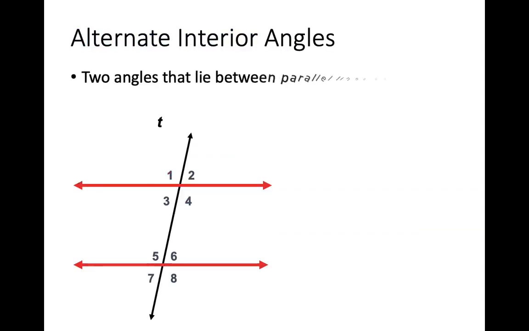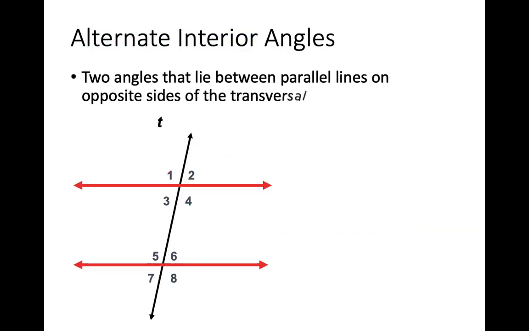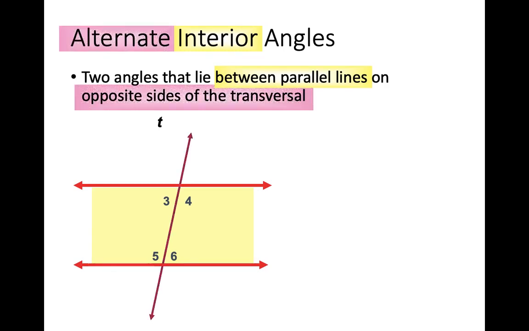All right, the next one, this is in your notes. Alternate interior angles. Okay, there's a lot of these names, and don't get freaked out by it, okay? So the first thing is it says it's interior. Great, the interior, as we know, is here. So I'm going to get rid of those other angles. And alternate just means they're on opposite sides of the transversal.